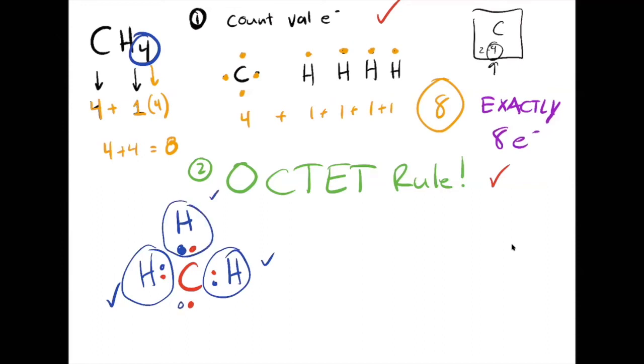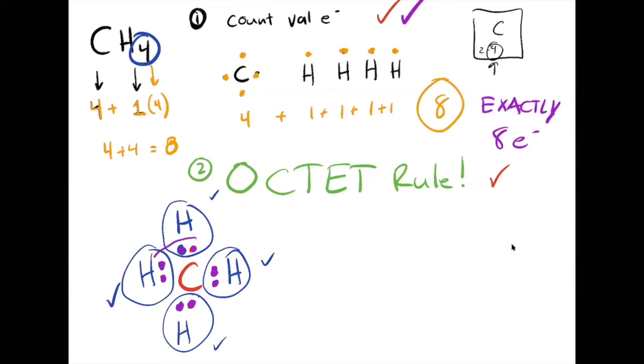And now I have another empty spot right here. Can another hydrogen come in, fill that in, and be happy? So now we have 4 hydrogens that are happy. Let's count how many total electrons we have drawn. 1, 2, 3, 4, 5, 6, 7, 8. So we've used all of our electrons, and all of the hydrogens are happy in terms of the octet rule.